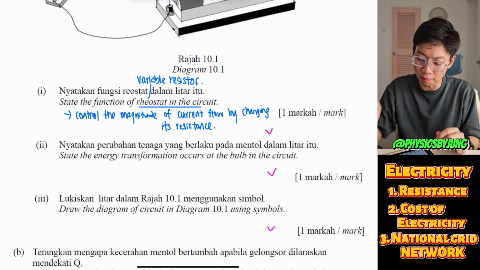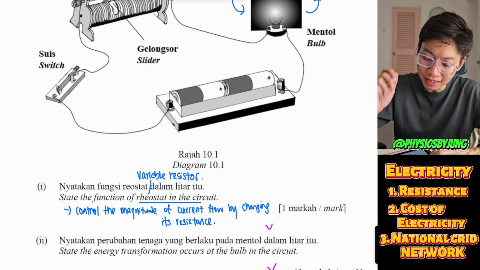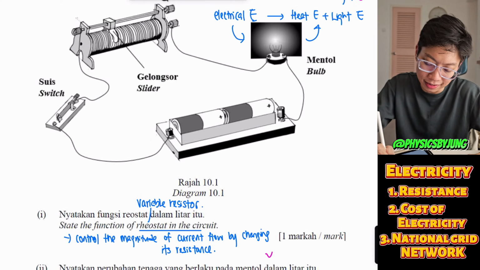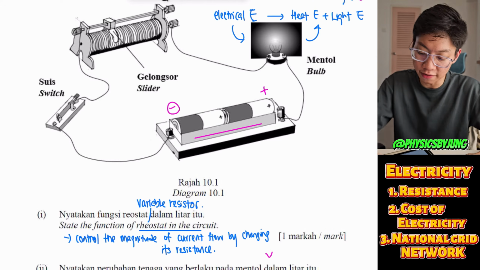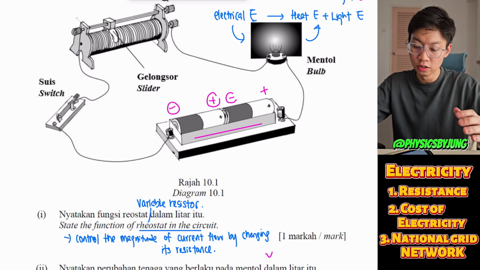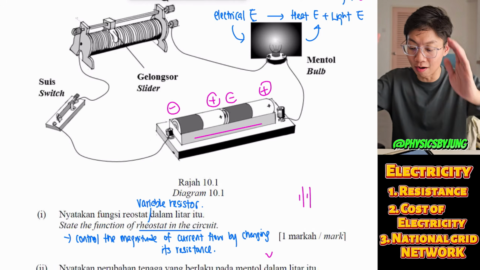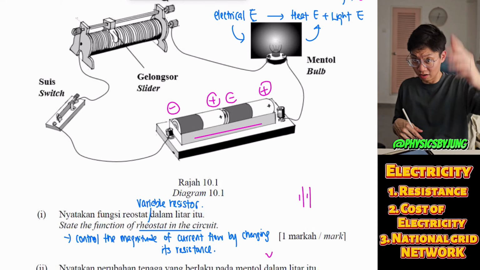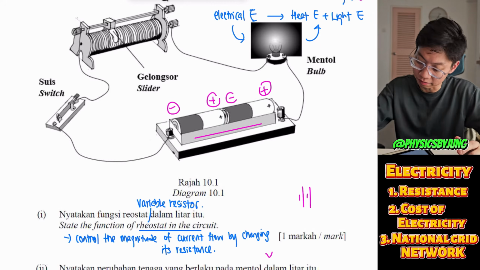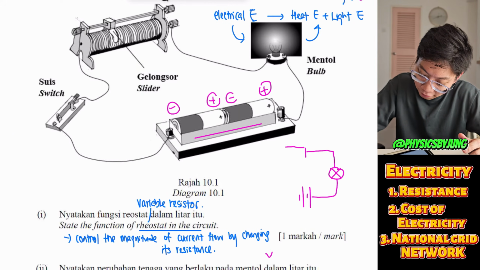Then we will talk about how to draw by using symbols. So, what are the common mistakes? Look at the battery, guys. The positive is on the right hand side, the negative is on the left hand side. So when I draw, make sure the longer line is on the right hand side, because the long line is your positive. Then we draw the way down to my light bulb, all the way to my rheostat.